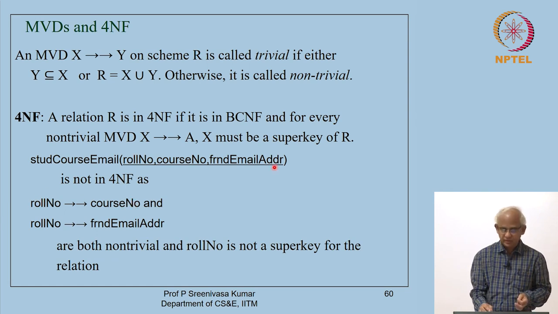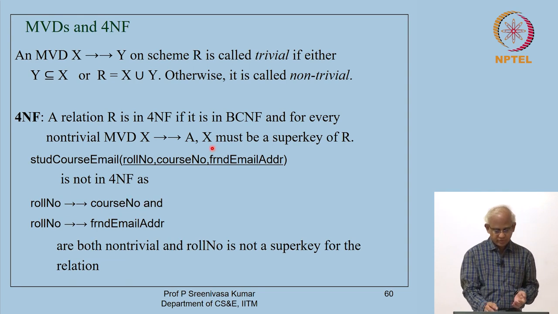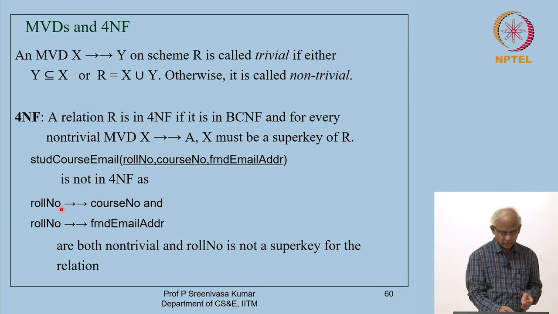The key is the set of all three attributes together. Roll number is not a super key, and the union of these two things is not the entire relation, so it is a non-trivial MVD, and so this does not satisfy our definition that the left hand side should be a super key.